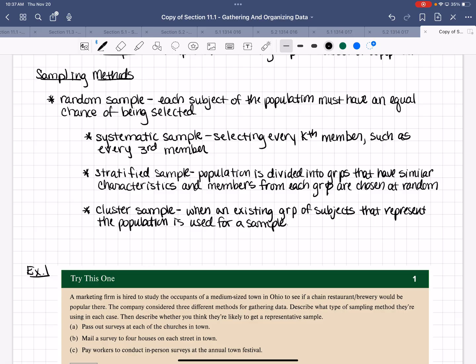Now, if it's in a smaller town and everybody doesn't go, or if it's in a town that's extremely religious, and let's say at the fair they serve all kinds of alcohol, so your extremely religious people may not want to go there. So you may not be pulling a representative sample of that community if you know for a fact that a certain population does not go to the fair, okay? If it's a true cluster sample and a good one, you need to know that pretty much everybody in the population is going to be represented in that sample.